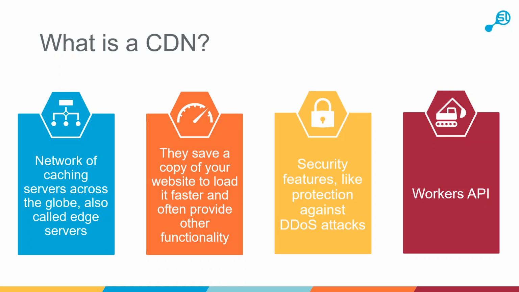They act a bit like a storage space for your site that serves those web pages by location. Some of them have additional security features like protection against DDoS attacks, and also recently they are leveraging the Workers API, which is really what this chat is about.